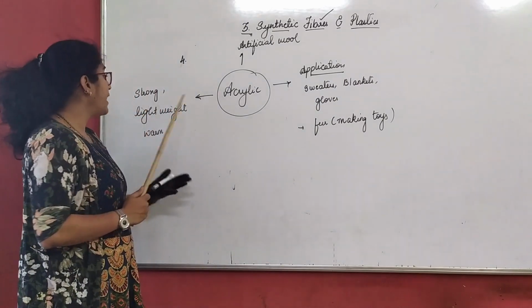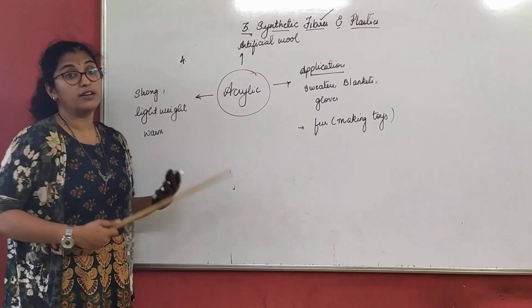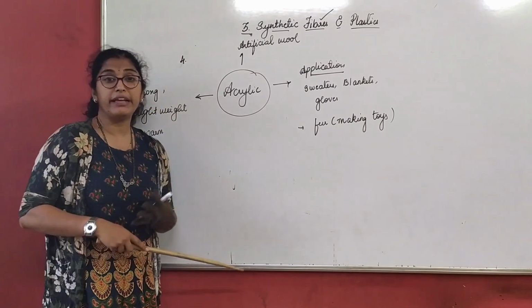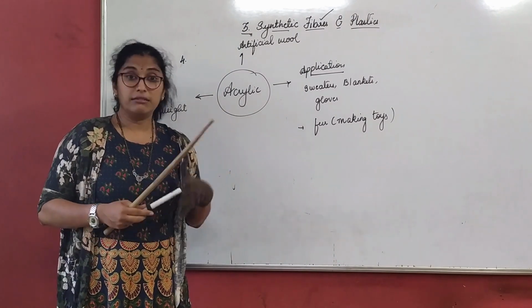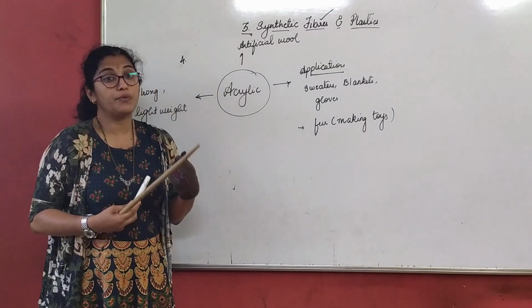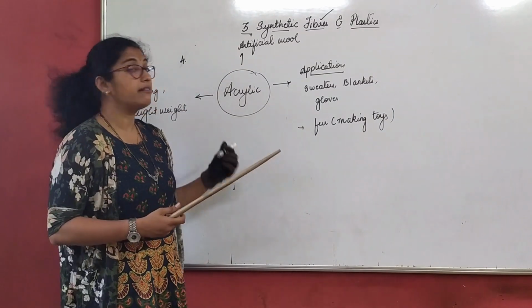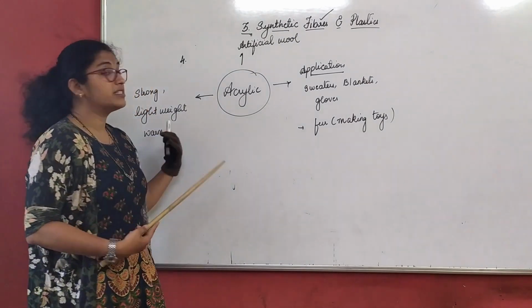So why do we use acrylic? Because it is strong, lightweight and warm. Basically, when we wear sweaters, gloves, scarves, etc., of course some of them are naturally made from wool, but most of what we get is made from acrylic, that is, artificial wool. Why is this better than wool?